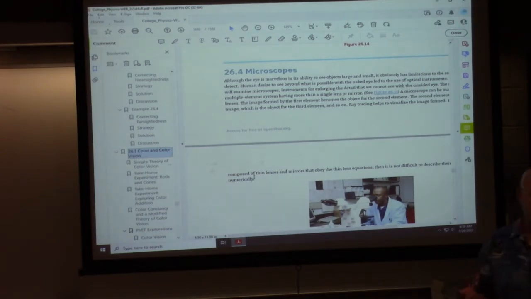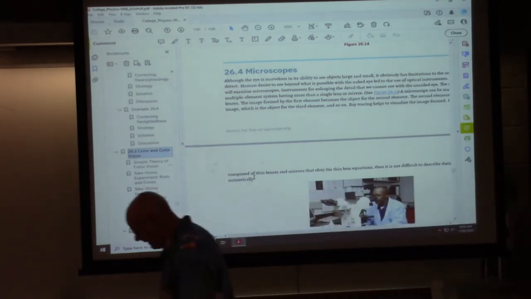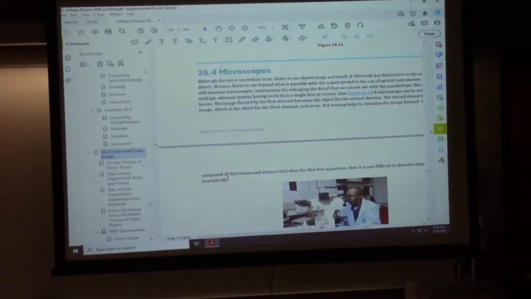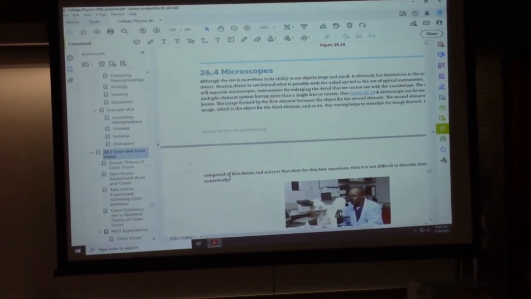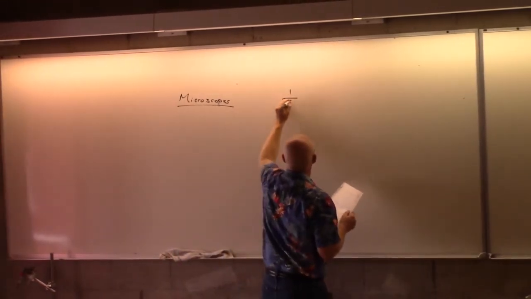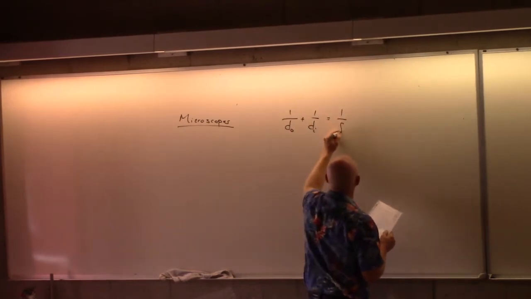But let me move on to the third piece of this chapter, which is section 4, the microscope. I want to emphasize that the best way to understand a microscope is to say the same thing I've been saying this whole chapter, which all comes from the chapter before: I'm just going to apply 1 over the object distance plus 1 over the image distance equals 1 over the focal length.